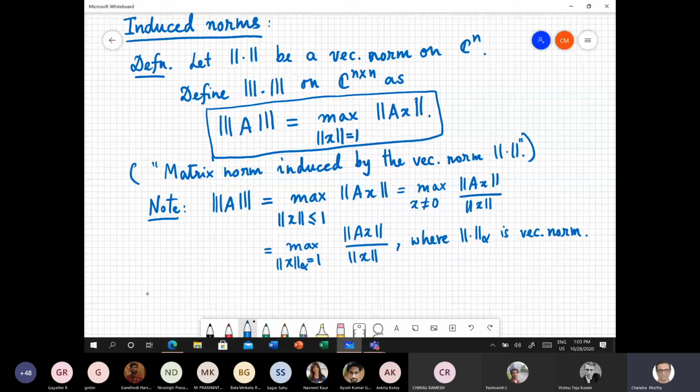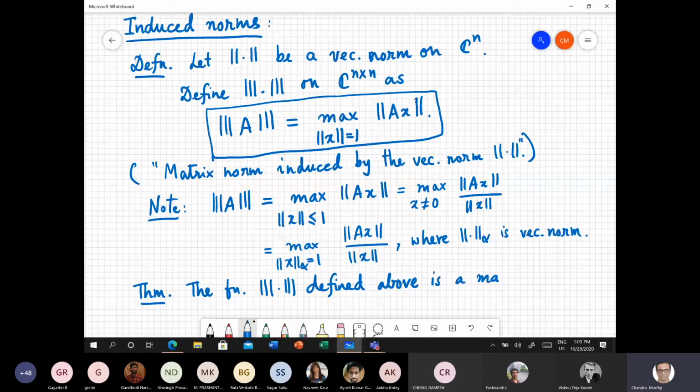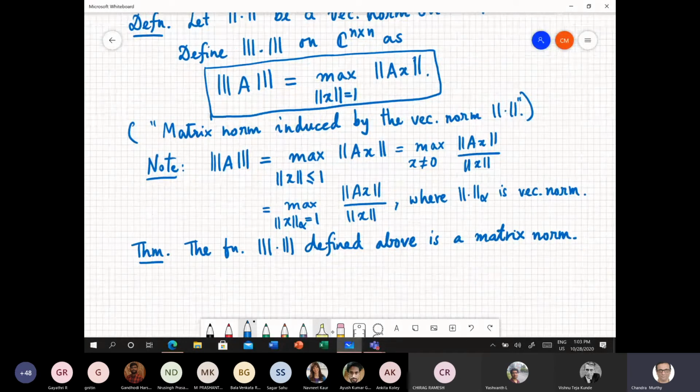So I've been calling it the norm of A, but actually we need to show that. So the theorem is that the function defined above is a matrix norm on C to the n cross n, and the norm of Ax, so this is a vector, is the vector norm that induced this quantity here with 3 bars.